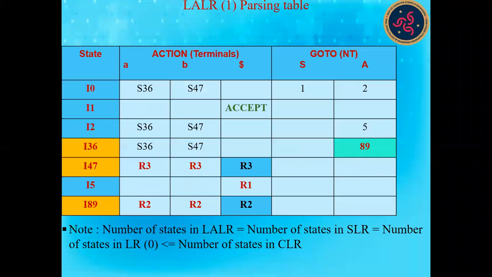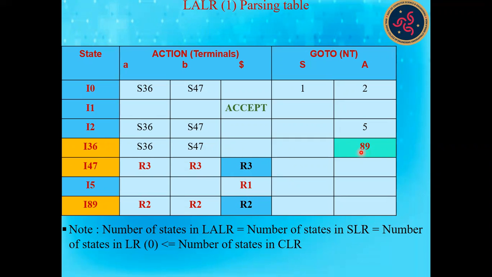So finally our table will be this. Here the states are I0, I1, I2, I36, I47, and I89, and we have updated the entries here. Here R3 is entered, again R2 is entered here, and the value 8.